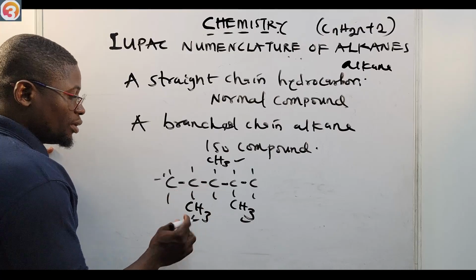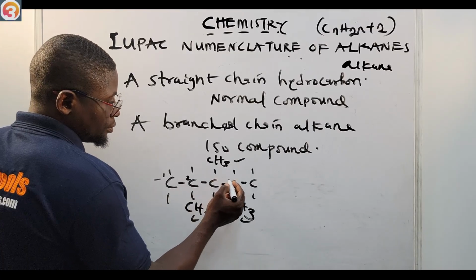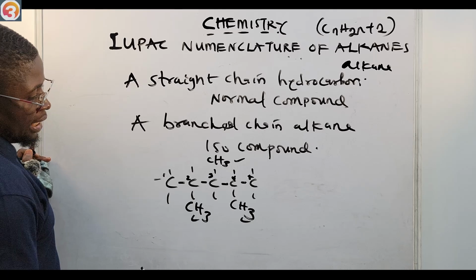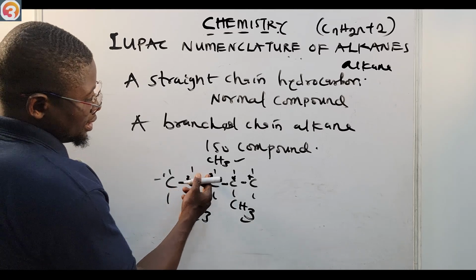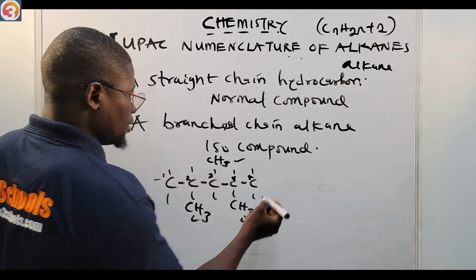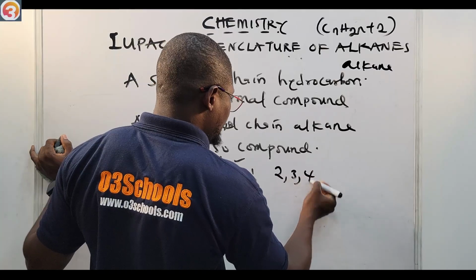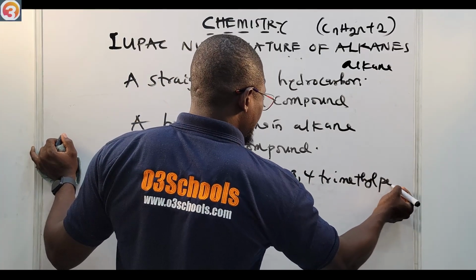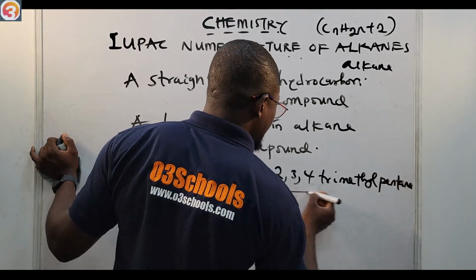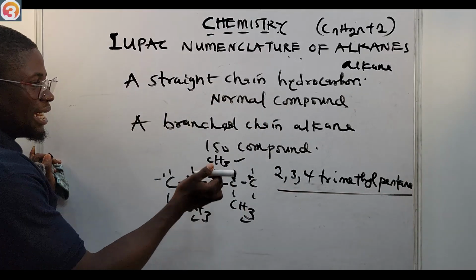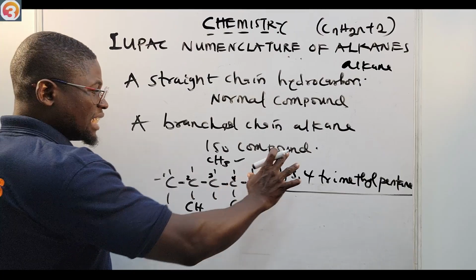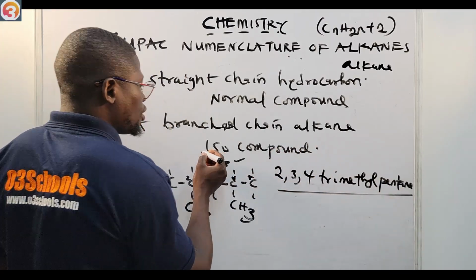But basically, if you number like this, 2, 3, 4, this will be trimethylpentane. So this is a branched chain hydrocarbon. It's a branched chain hydrocarbon.